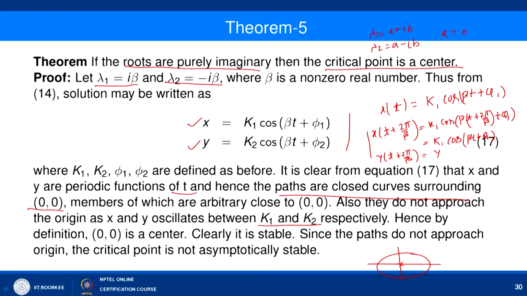Why do we say that? If we take any solution near to your orbit here, if you take any initial point here and take an orbit say passing through this, then it will follow almost this kind of path.